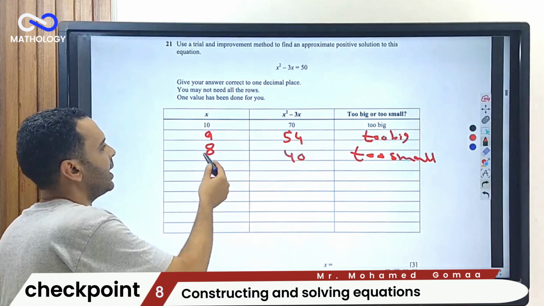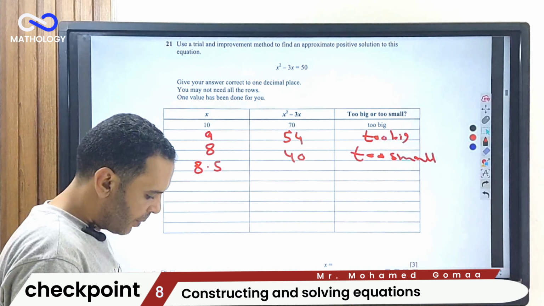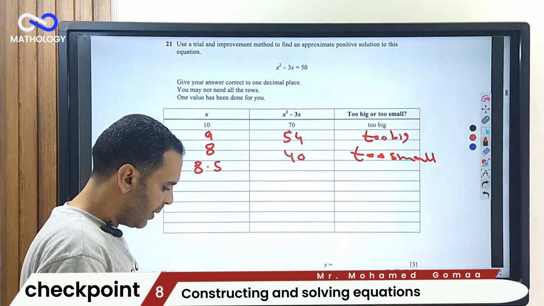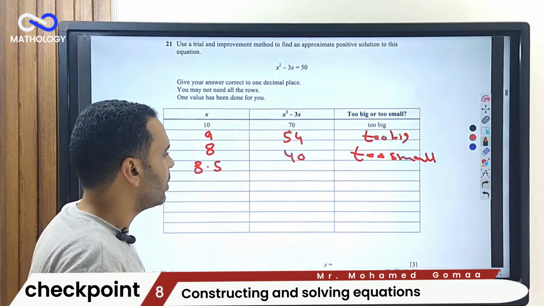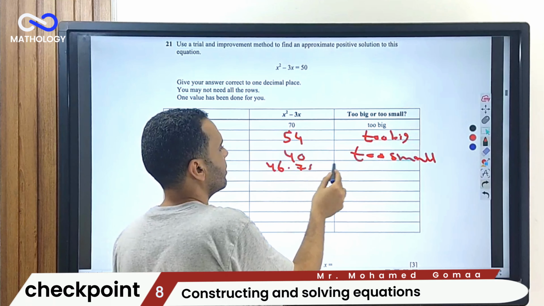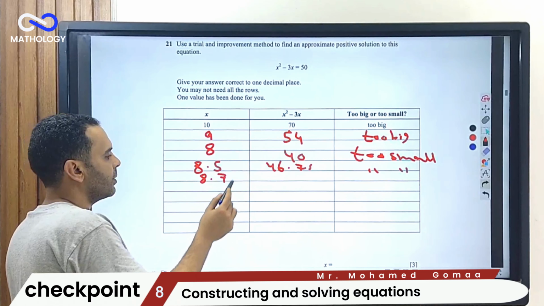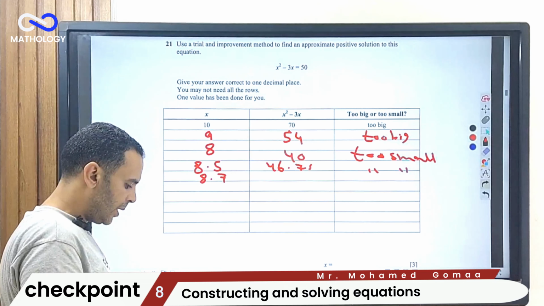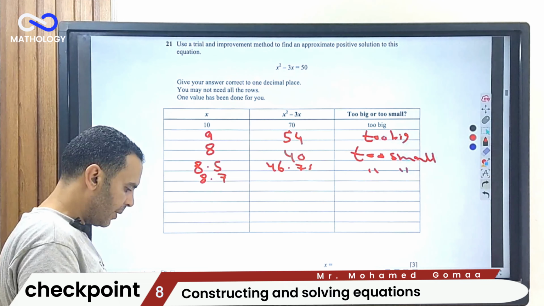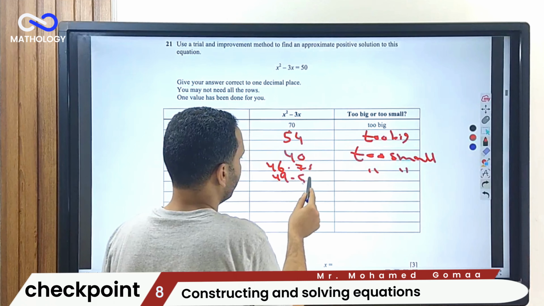Try a number between 8 and 9. 8.5. 8.5 power 2 minus 3 multiplied by 8.5 will be 46.75. Too small. Try 8.7. 8.7 power 2 minus 3 multiplied by 8.7 will be 49.59.